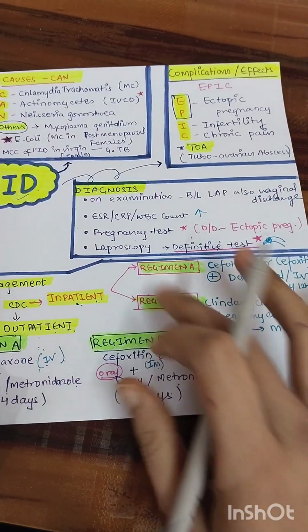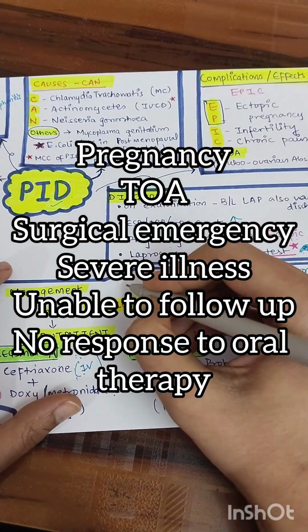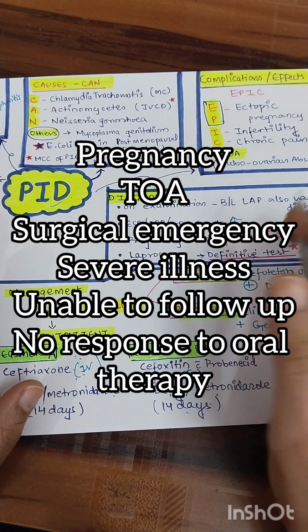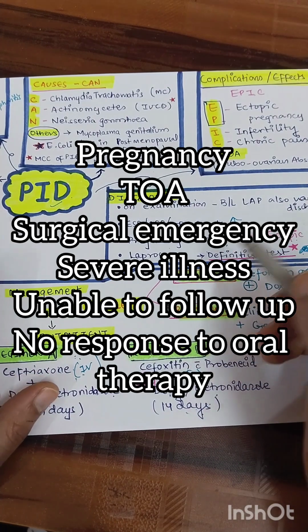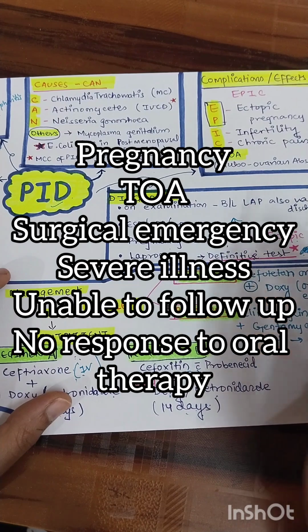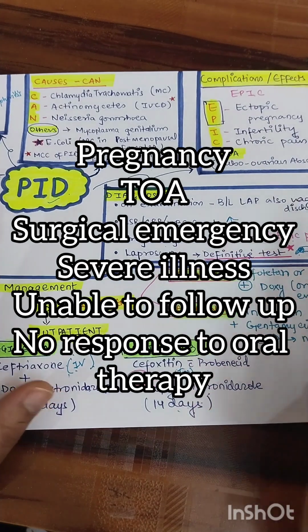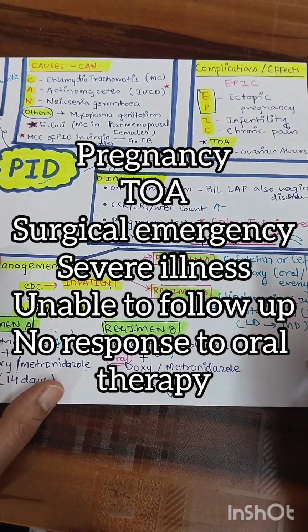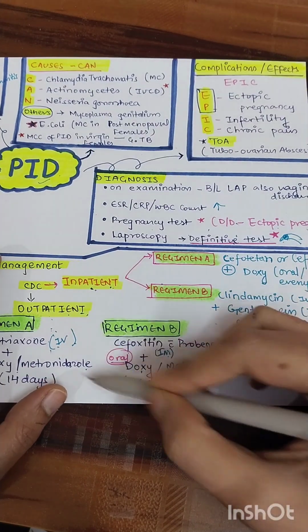So on an inpatient basis, when will you hospitalize the patient? For that, some indications are there, like if the patient is pregnant, or there is a tubo-ovarian abscess, or maybe some surgical emergency, so you cannot treat the patient on an outpatient basis in those cases, or a severe illness case, or a patient unable to follow up and tolerate the OPD regimen, or no clinical response to oral antimicrobial therapy.